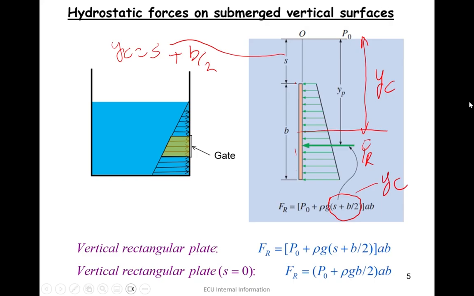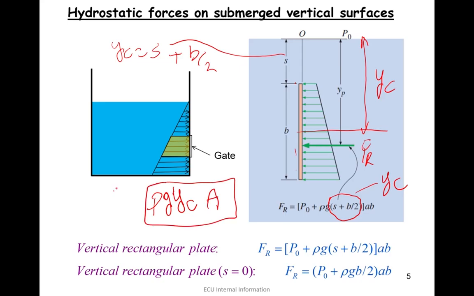Now we can conclude that for any vertical surface that we want to estimate the hydrostatic forces on, if we know the centroid of the surface, YC, then the pressure multiplied by the surface area gives you the force on that surface.